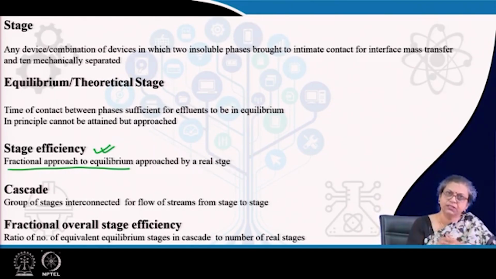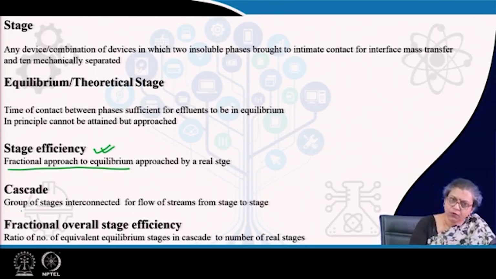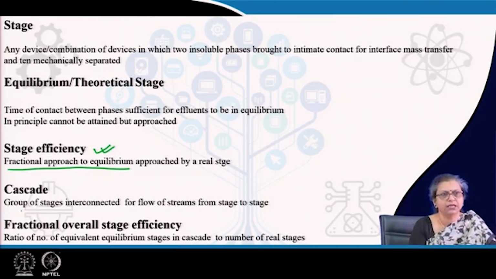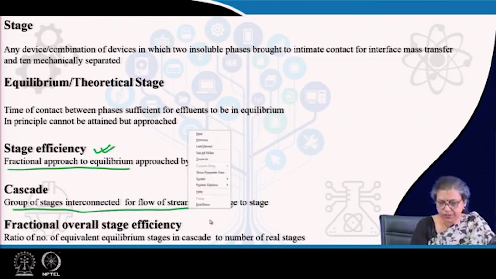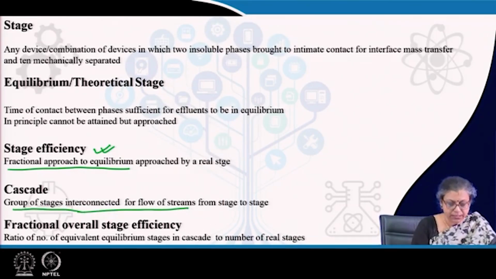Definitely we need to increase the number of stages, or the number of contacts between the two phases, and we need some way by which the streams flow from one stage to another. The entire thing is usually housed in a tower or a column. The group of stages which are interconnected for flow of streams from stage to stage is known as a cascade.